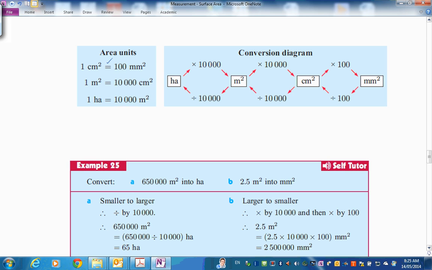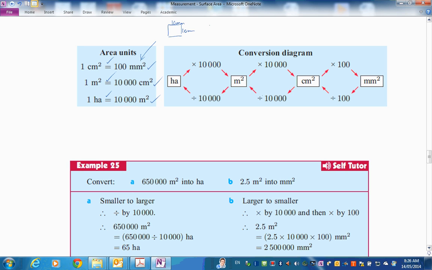A square centimetre is 100 square millimetres. A square metre is 10,000 square centimetres. A hectare is 10,000 square metres. Now, the easiest way of looking at this, let's look at this one here. A centimetre by a centimetre is 10 millimetres by 10 millimetres.